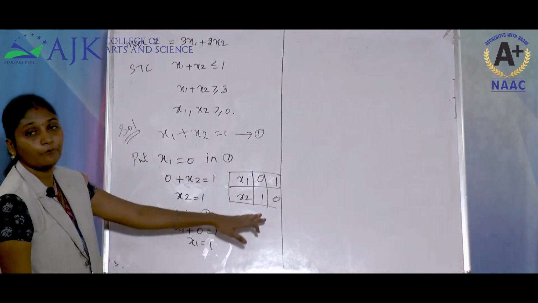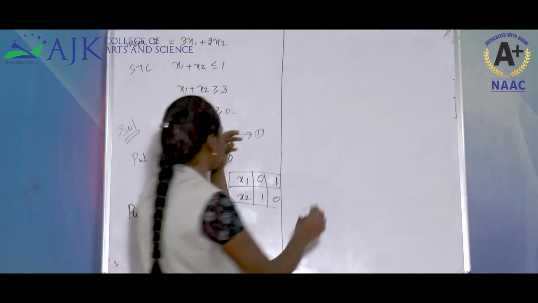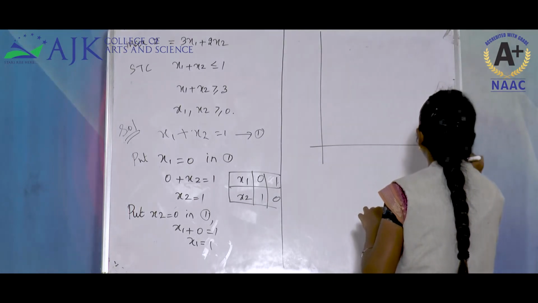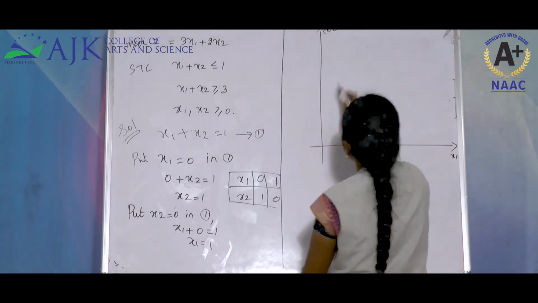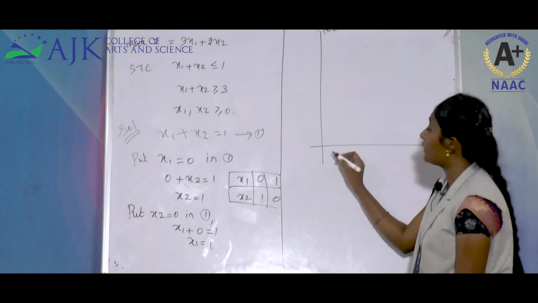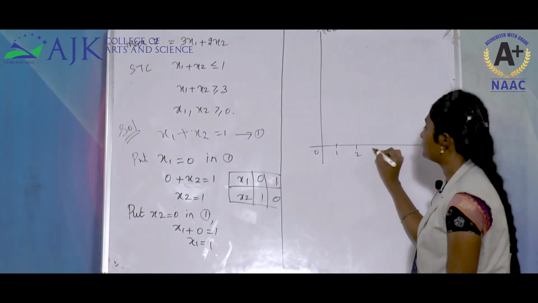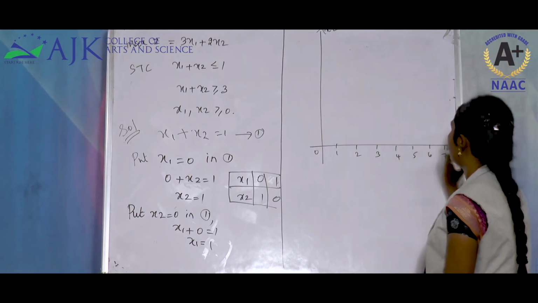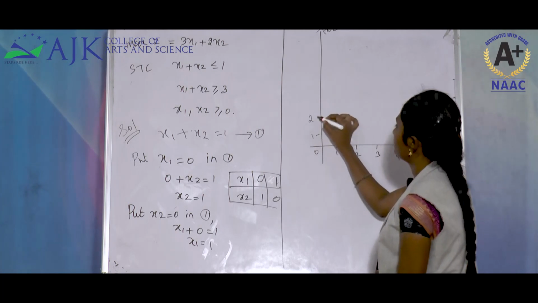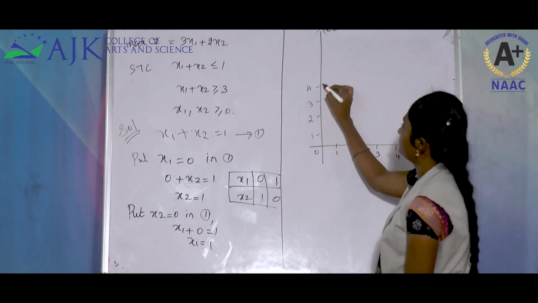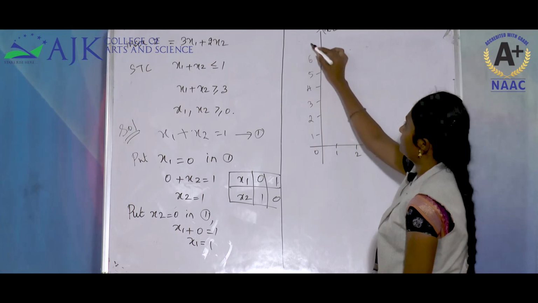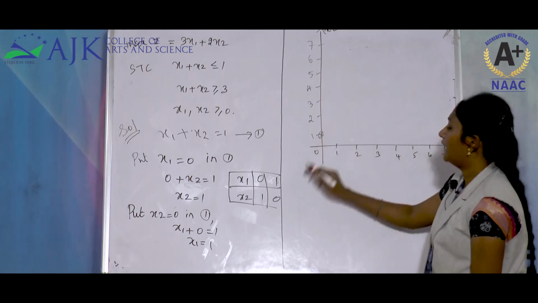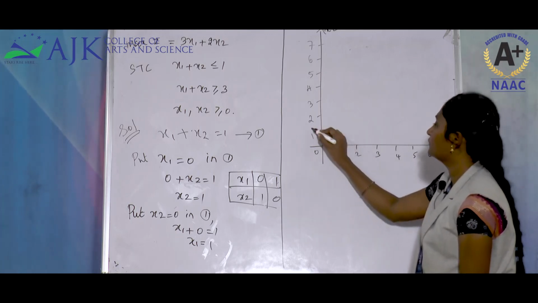So now we have to plot the graph for this point, right? This is our x1 axis, this is our x2 axis. So 0, 1 and 1, 0.